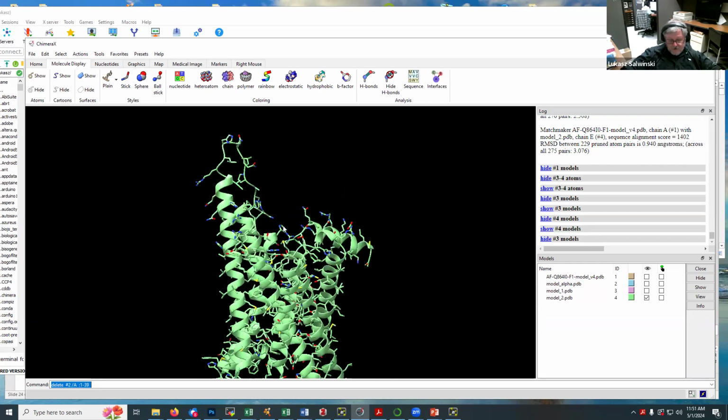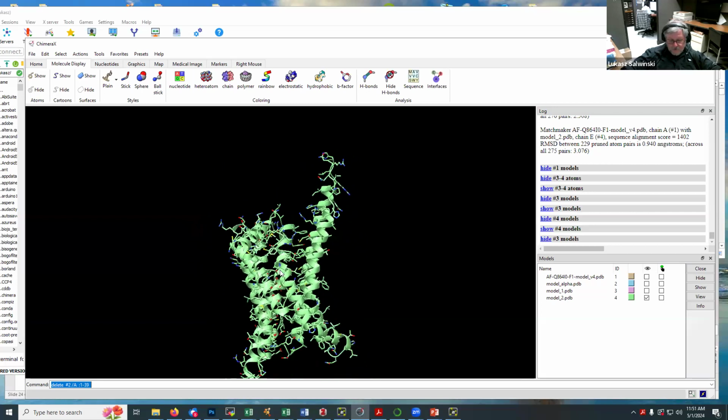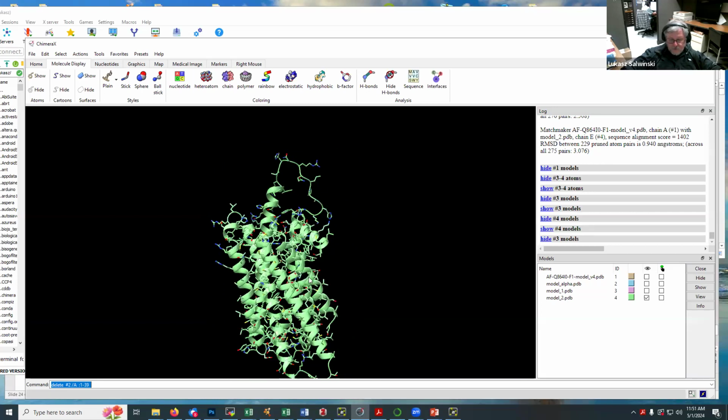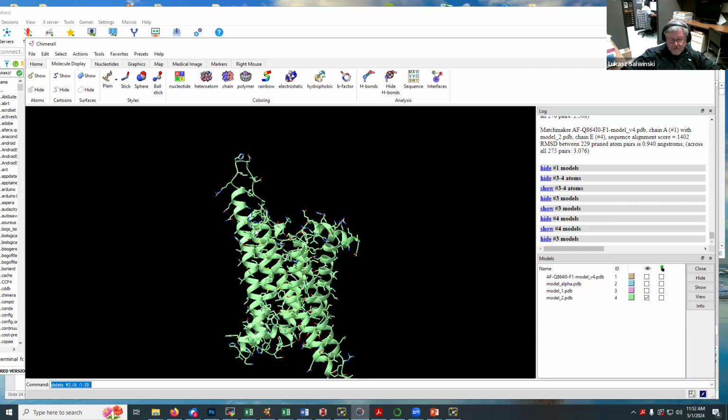So we'll see how AlphaFold copes with the same sequence, the same protein, in the presence of a ligand, and what's going to come out of there. That's for tomorrow, with some basic information about what AlphaFold actually does.